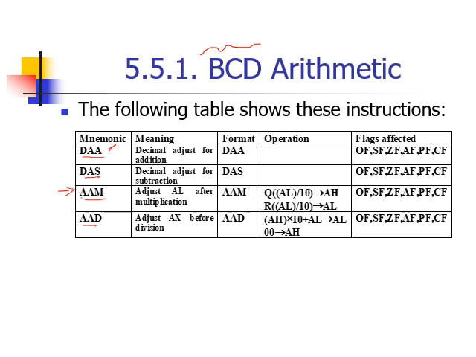Adjust AL after multiplication takes the value inside AL divided by 10 to give you the quotient placed in AH, and the value in AL divided by 10 gives you the remainder placed in AL. While adjust AX before division takes the value inside your AH, multiplies by 10 and adds AL to it. The result is placed in AL and then 0 is placed into AH.